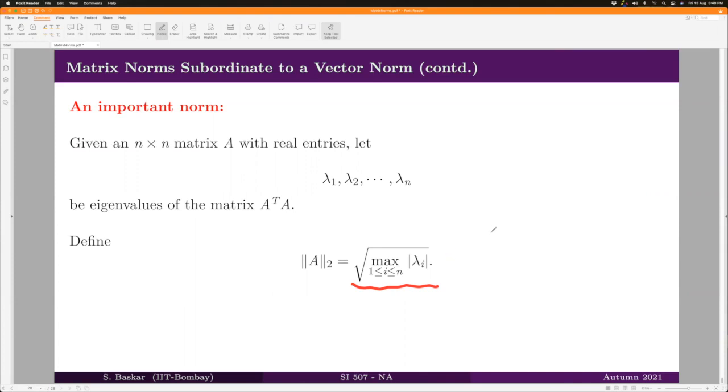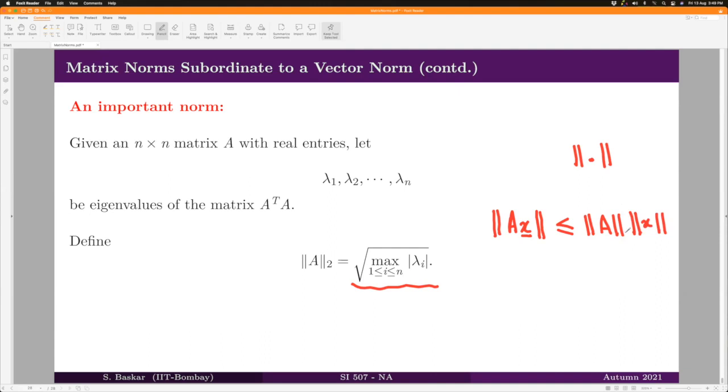Subordinate norms are useful in our analysis because they have one important property: when you take the matrix A and multiply it with the vector x, then of course this is a vector now. You take a vector norm on this, any vector norm that we stick with, then we would like to work with a matrix norm in such a way that this is less than or equal to the matrix norm of A times the same vector norm applied on x.